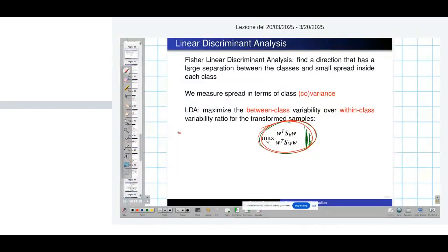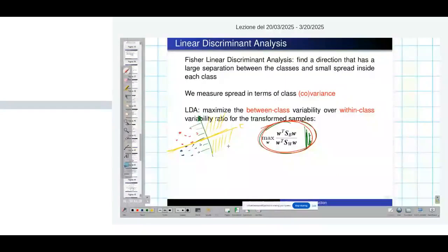If we have two classes and we want to perform binary classification, we can look for a direction over which we project our samples in such a way that then we can use a simple rule. Whatever gets projected above a threshold will be labeled as class 1, and the rest will be labeled as class 2. So we're seeing LDA as a way to find a good direction for the projection.